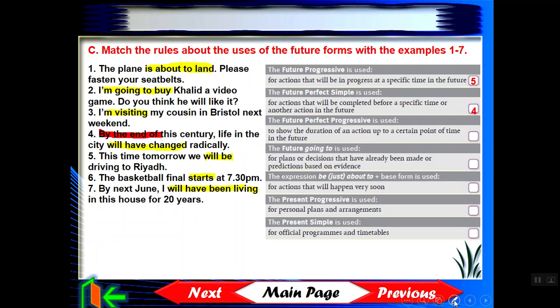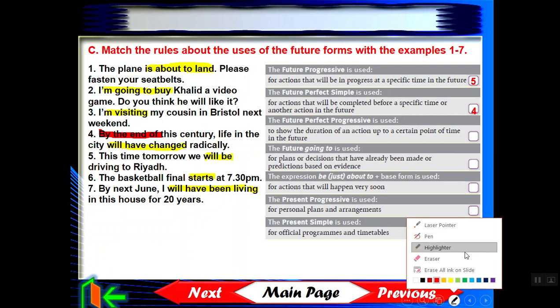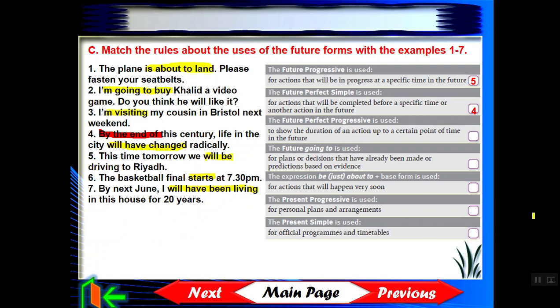Okay, let's go to another example, which is number 3, the future perfect progressive. It says to show the duration of an action up to a certain point of time in the future.